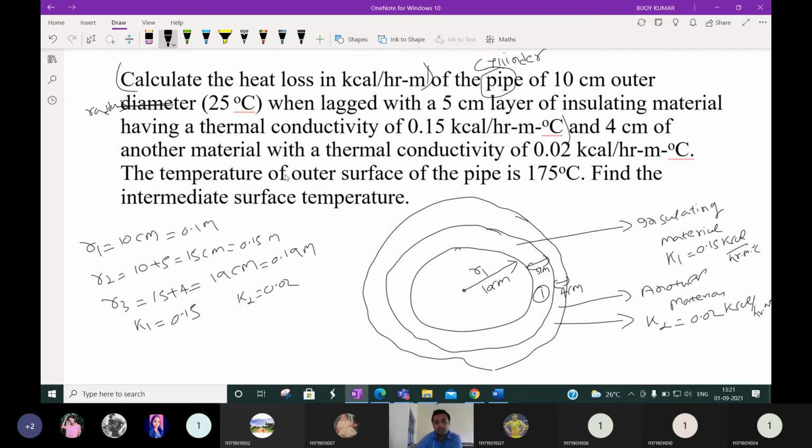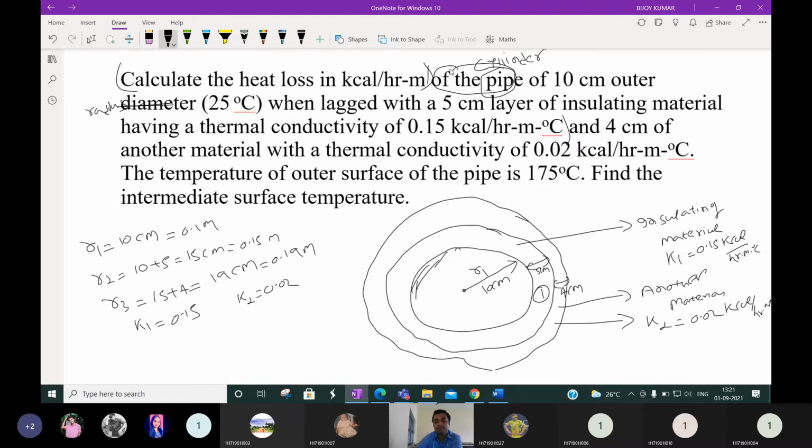The temperature of the outer surface of the pipe is 175 degrees centigrade. Outer surface of pipe means what? This is the pipe. Calculate the heat loss of the pipe.